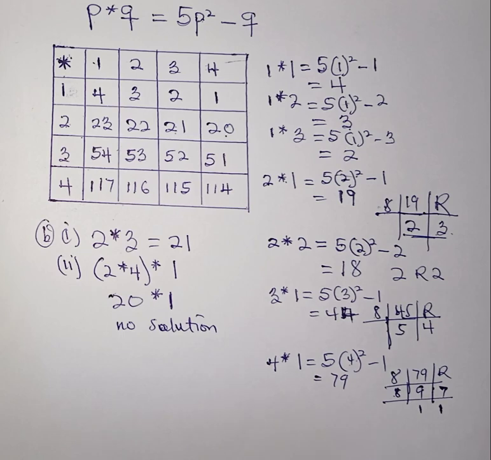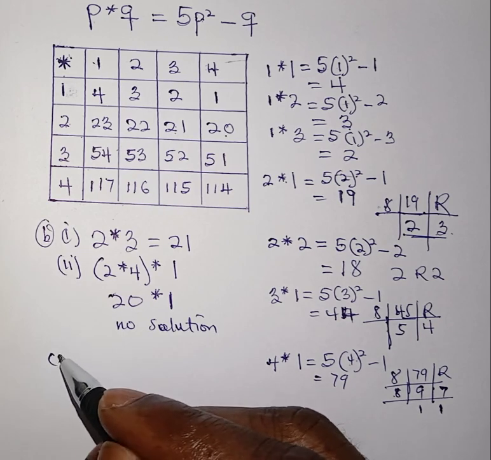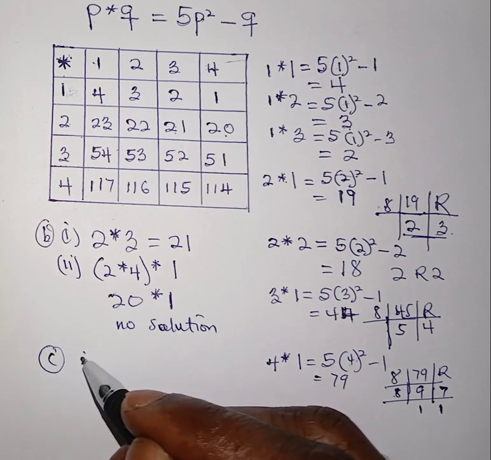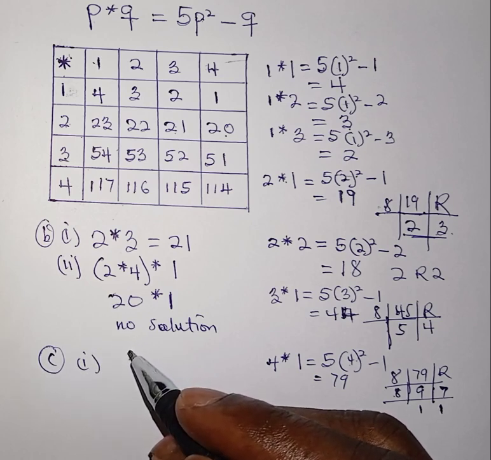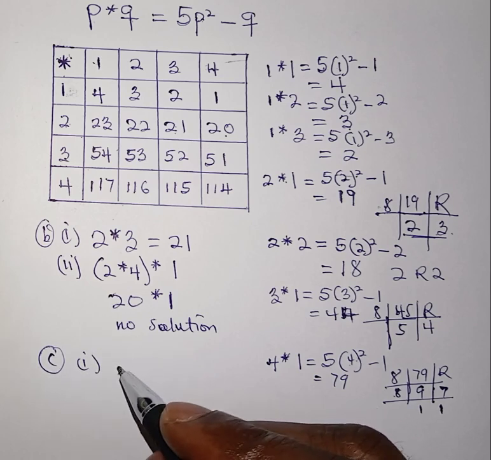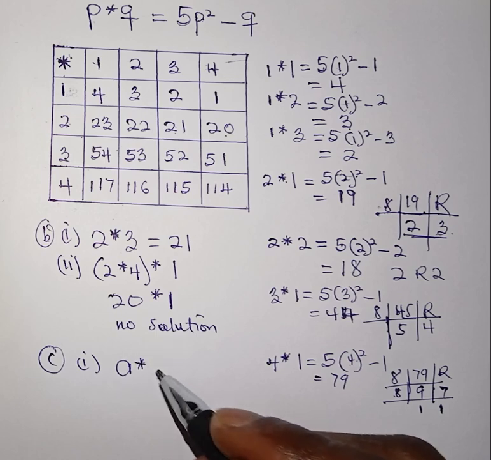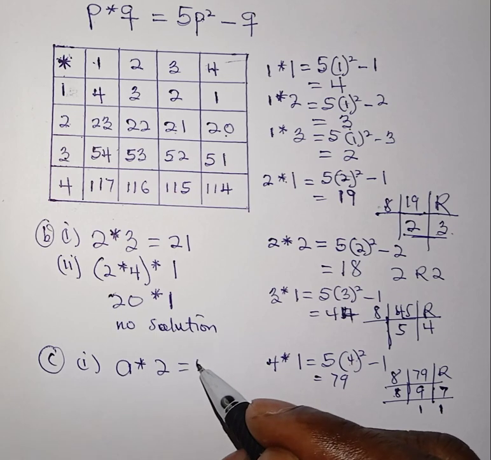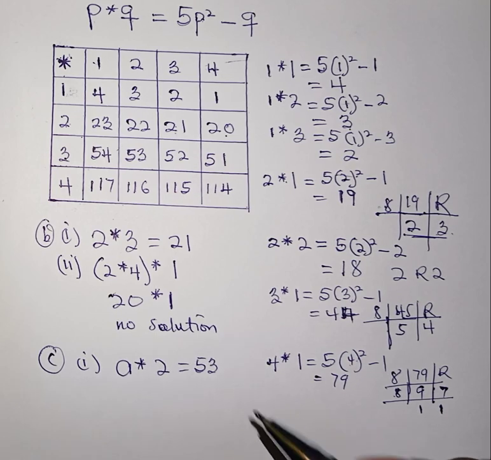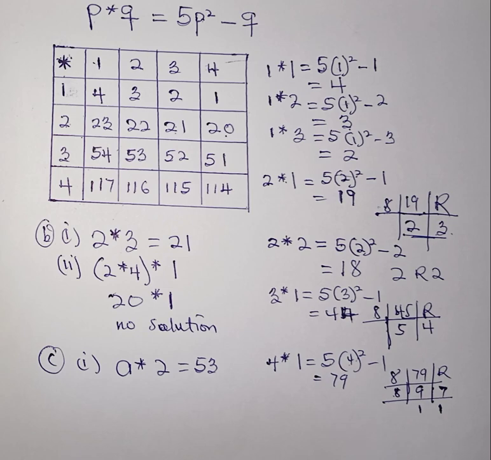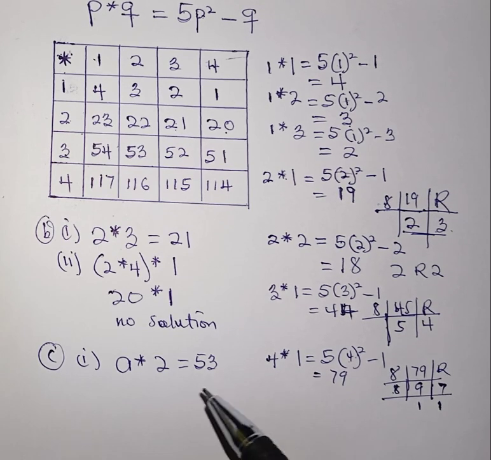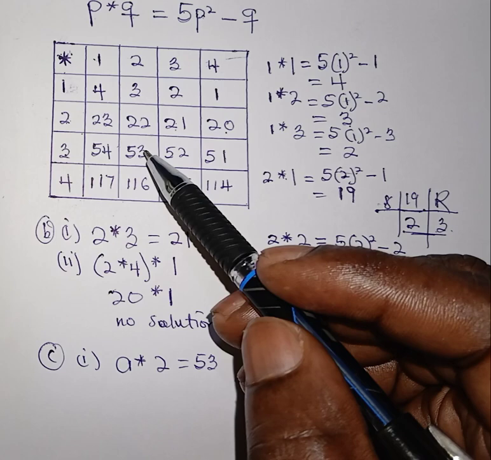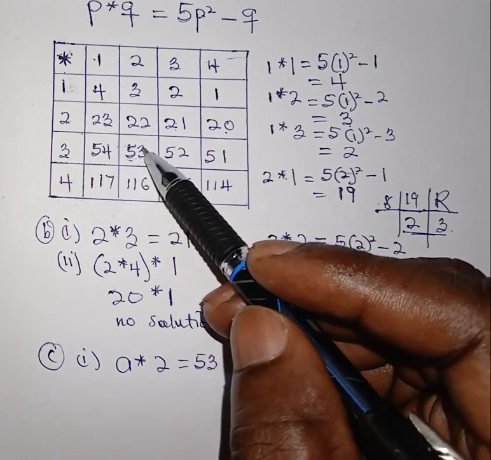All right, now let's also look at the C, where we have Ci. We are to find the truth set of A star 2 is equal to 53. In this one, you look for where you can locate 53, and where you have 2. You see that this is my 53 here.